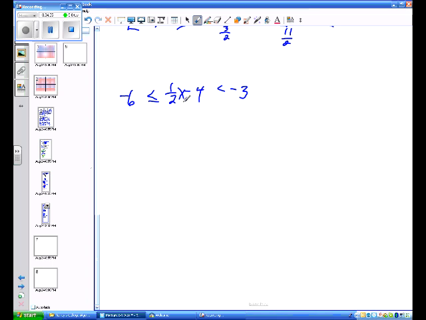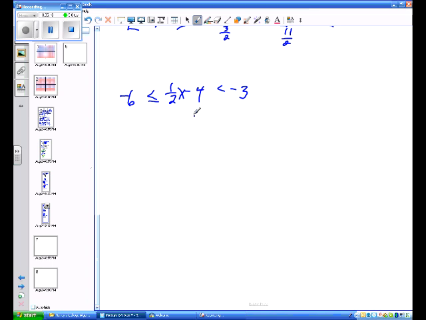But since it's only our coefficient, we could also leave it. That's the only place, and it's the coefficient for our variable. So this time I'm going to leave it. But if you want to, you could go through and multiply everything by 2, have negative 12 is less than x minus 8 is less than negative 6. And you could solve it that way.